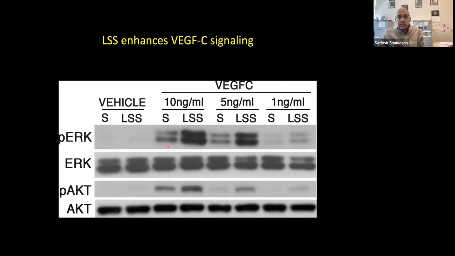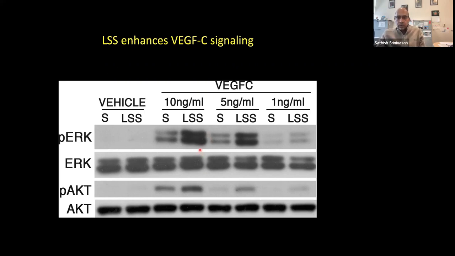This is all in control cells without any knockdown of S1PR1. You will notice that, compared to cells grown in static condition, the cells grown under laminar shear had very high phospho-ERK and AKT activity. This could be very relevant for your studies, the lymphatic malformation context; you may want to think about that.